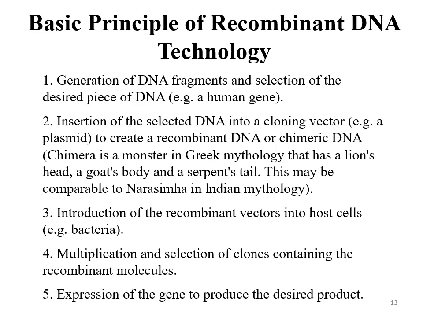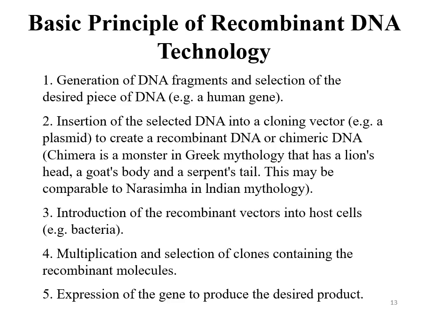There are many diverse and complex techniques which may be involved in gene manipulation. However, the basic principles of recombinant DNA technology are reasonably simple and broadly involve the following stages. The first step is the generation of a DNA fragment of our desired characteristics, then the selection of a desired piece of DNA, for example, a gene from a human source.